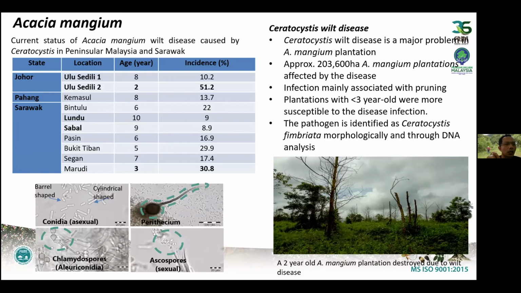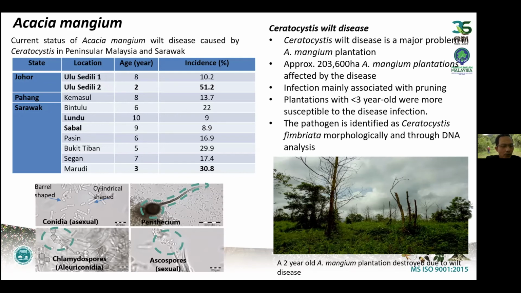The table here shows the Acacia mangium plantations that we have surveyed. We have 11 here. From the table, you can see the most affected plantations are in Ulu Sedeli and also Marudi. These plantations are below 3 years old, and the highest incidence is in Ulu Sedeli. If you compare with other plantations such as Lundu and Sabal, which are 10 and 9 years old, the infection is very low, less than 10%.